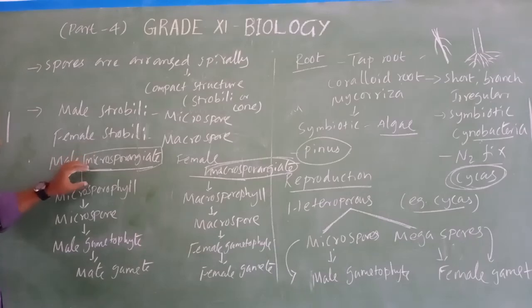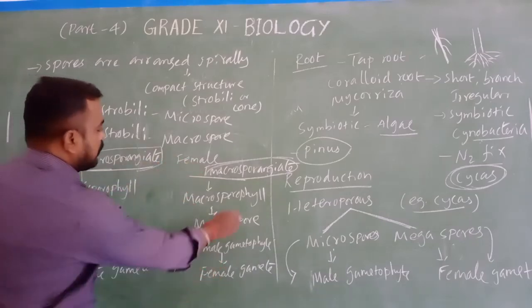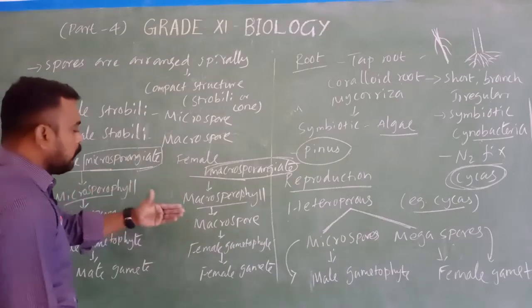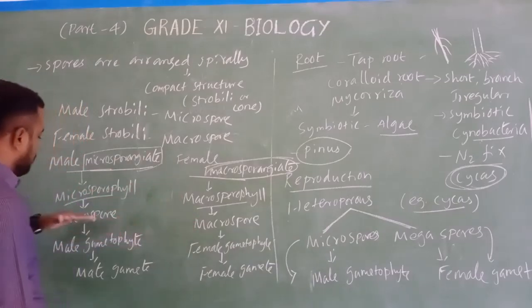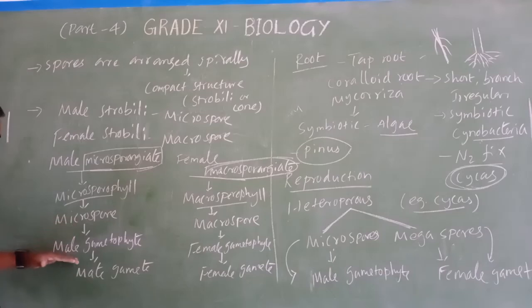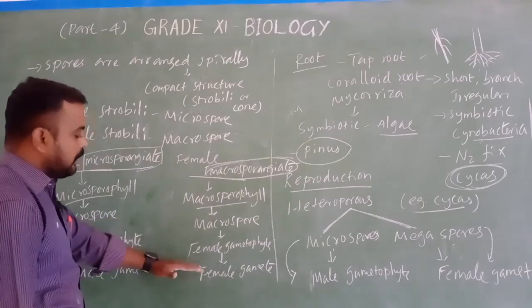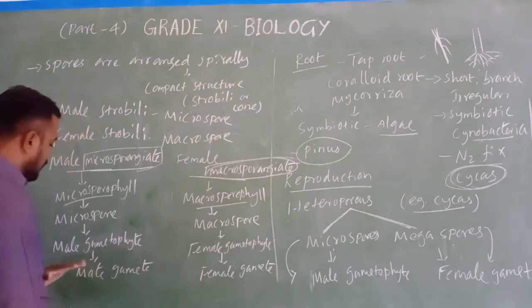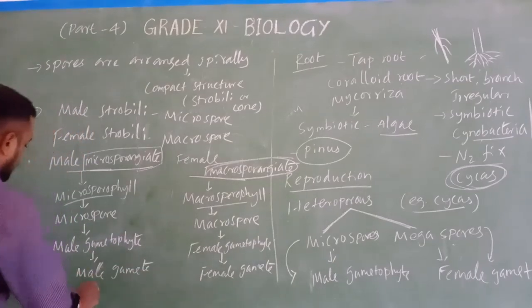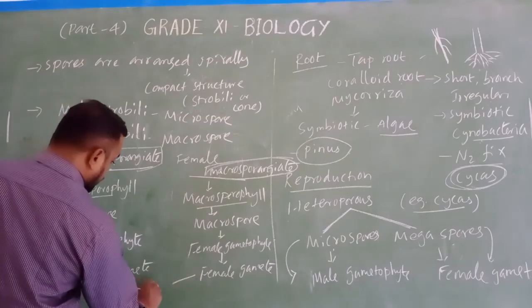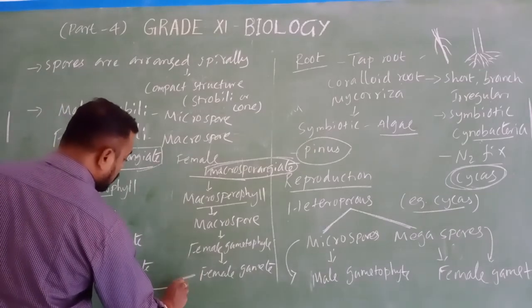In the cone plus leaves is known as macrosporophyll. In the microsporophyll and macrosporophyll, here macrospore is produced, here microspore. Then the microspore produces the male gametophyte, here the female gametophyte. Then female gametes are produced here, male gametes here. Male gamete and female gamete fuse together. That means the male gamete goes and fuses with the female.